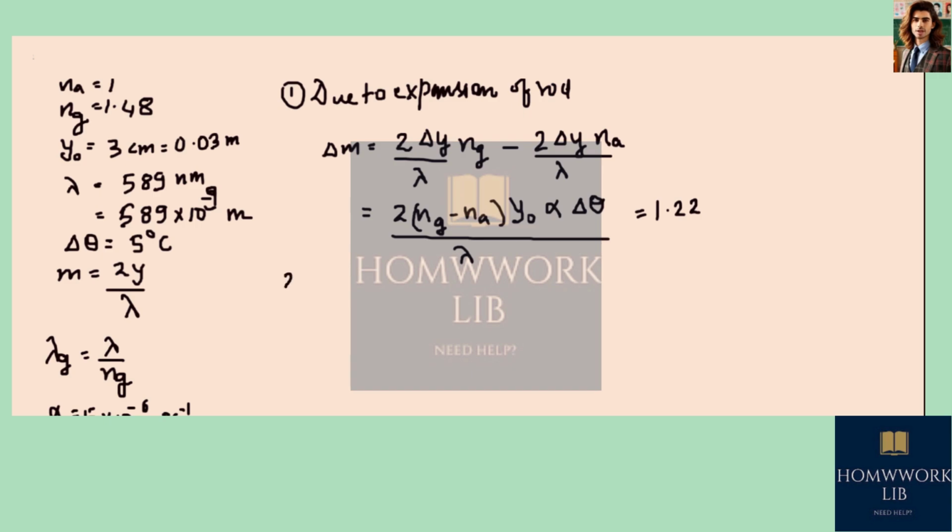The second reason for the movement of fringes is the change in refractive index of the rod. This gives del m equals 2 times the change in refractive index into y naught, the initial length, upon lambda naught.